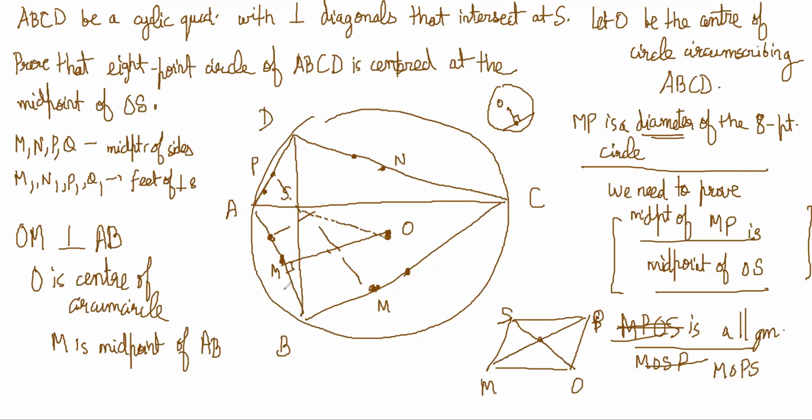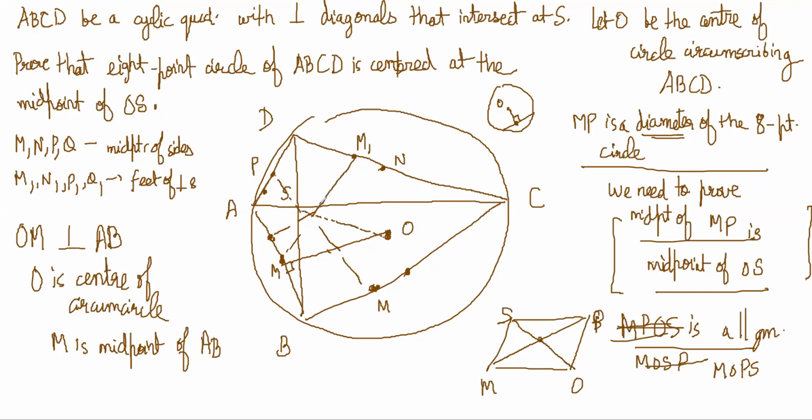Now we know that the line from M to M1 passes through S, from the previous example. What had we proven?